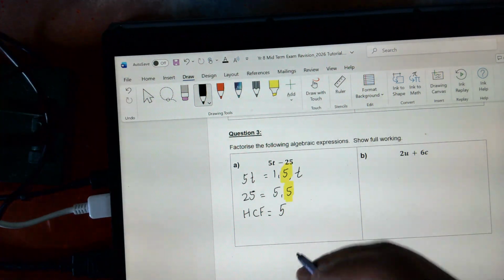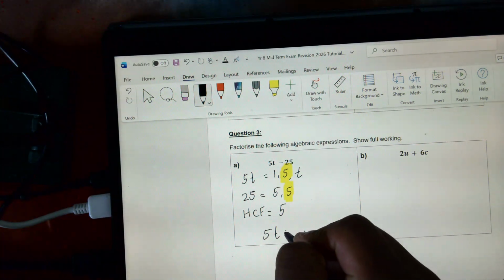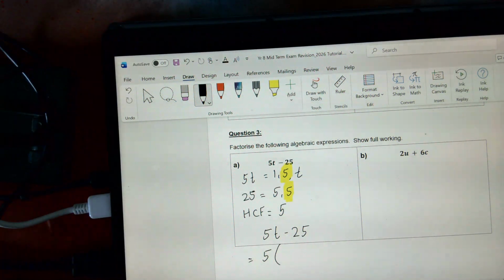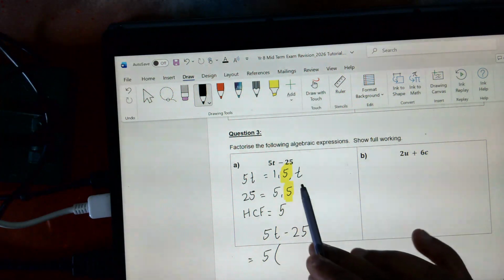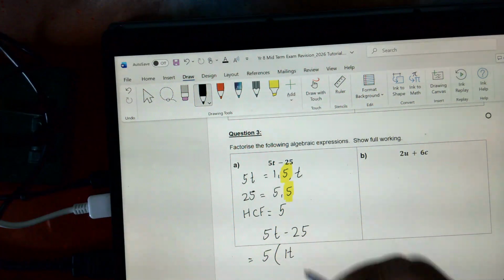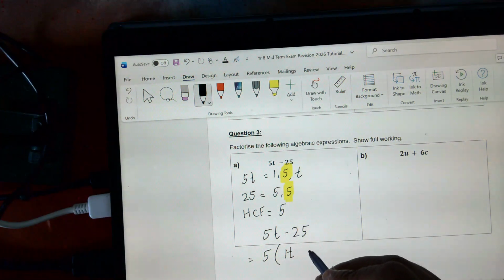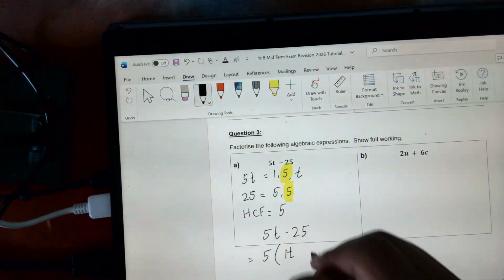So that means for 5t take 25, if I take my highest common factor out, what do I multiply 5 by to get 5t? Well, I multiply 5 by 1t to get 5t, and I multiply 5 by 5 to get 25.